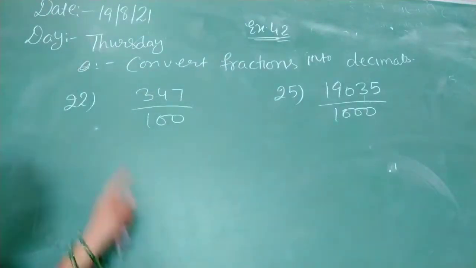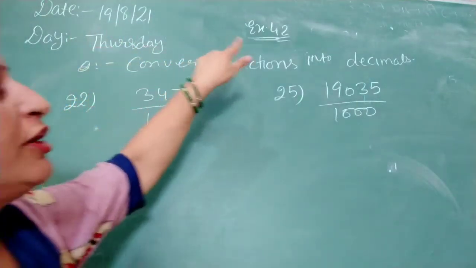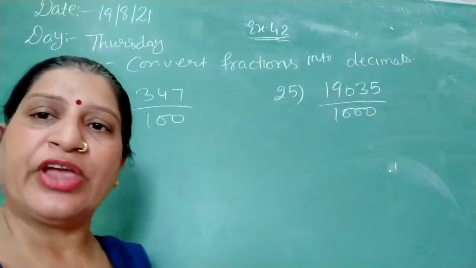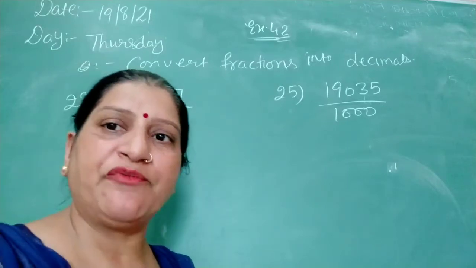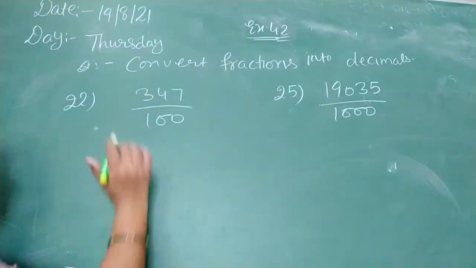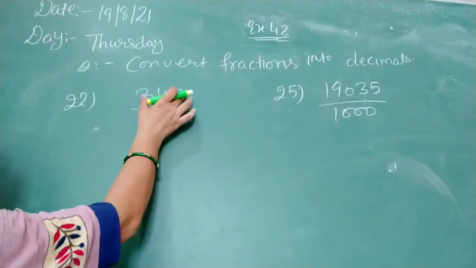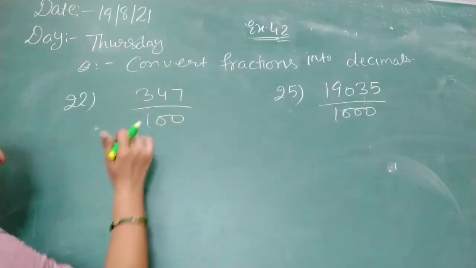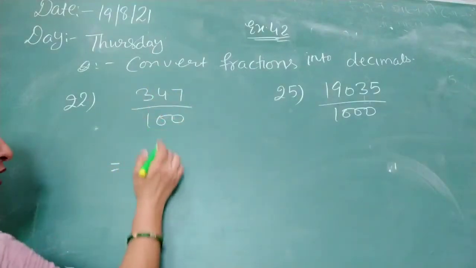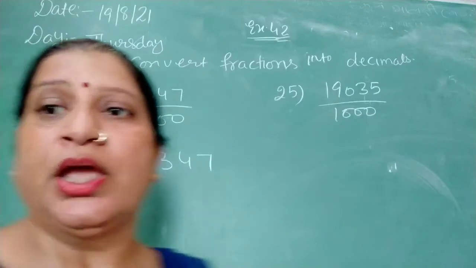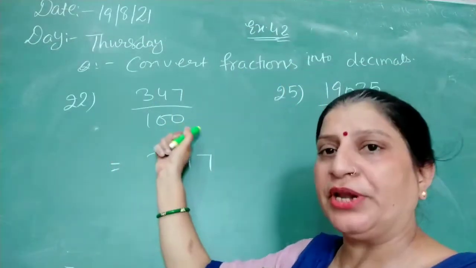Now in the next question we learn how to convert fractions into decimals. We are given the fraction and we have to convert it into a decimal. Here we are given 347/100. So firstly we write our numerator as it is. आपने write down किया. Now we see our denominator part.